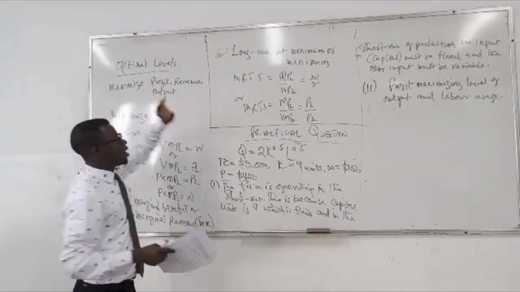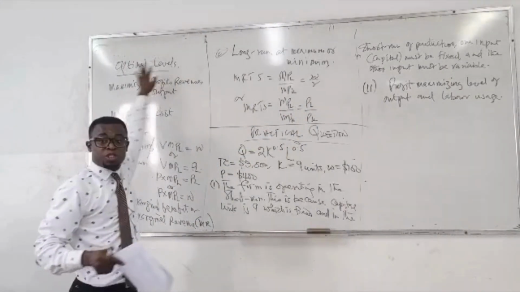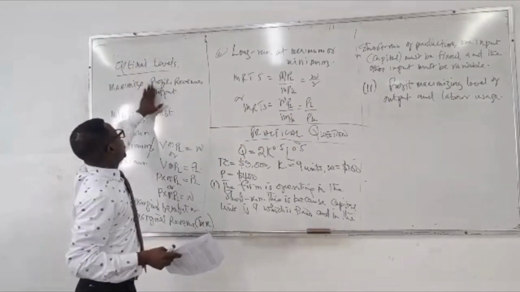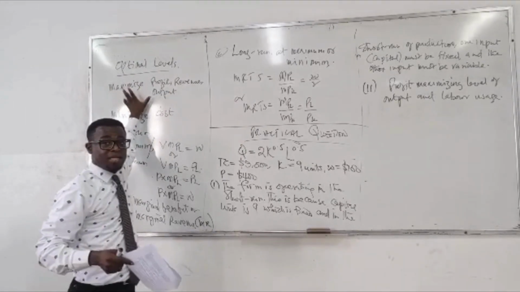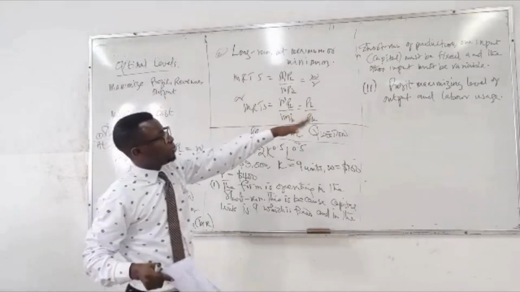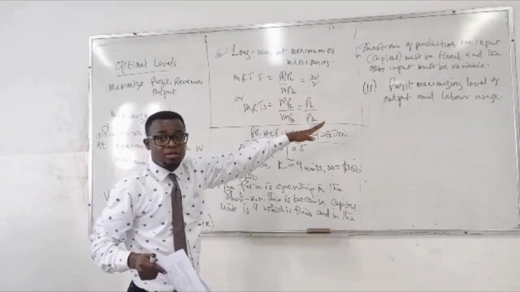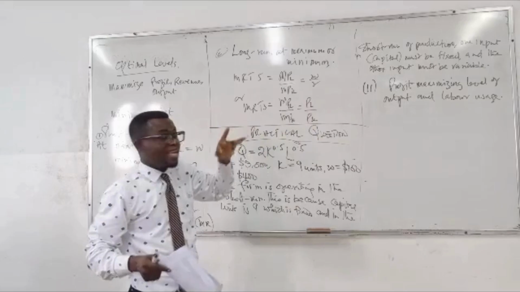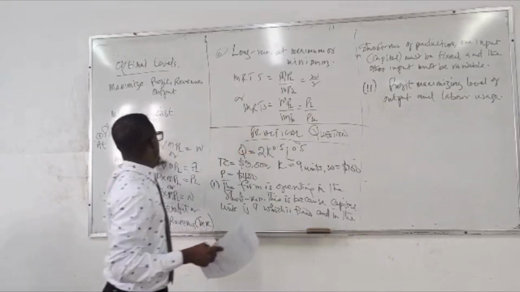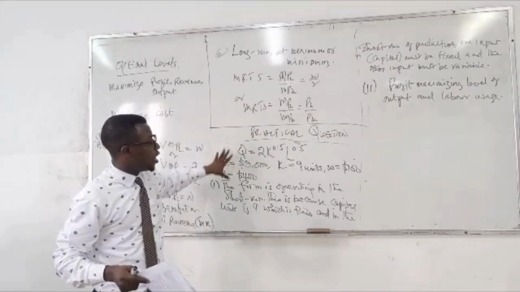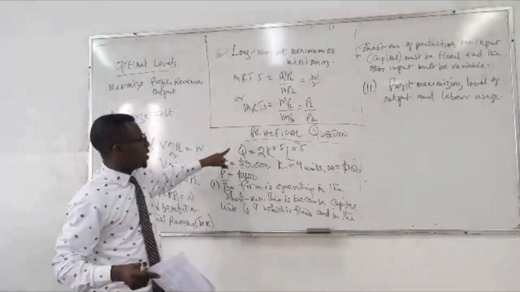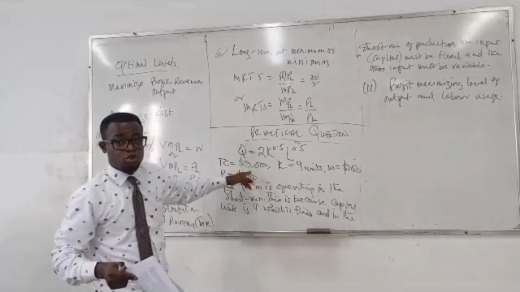If the maximizing level is set as an optimal level, profits can be maximized, revenue can be maximized, output can be maximized. So, if you are looking at the profit being maximized, what should be the equation? Are you going to use long run or short run? You are going to use short run, because the firm is producing in the short run.